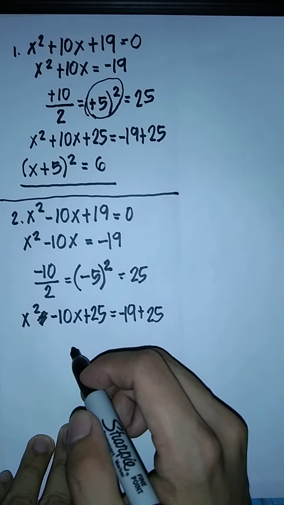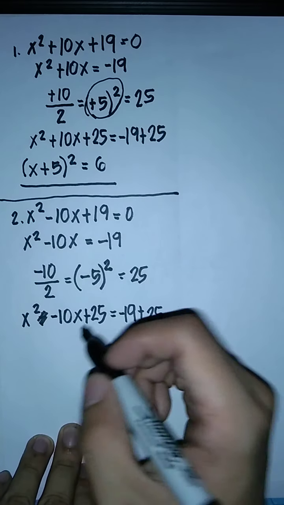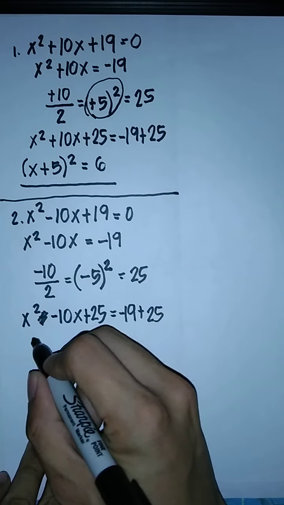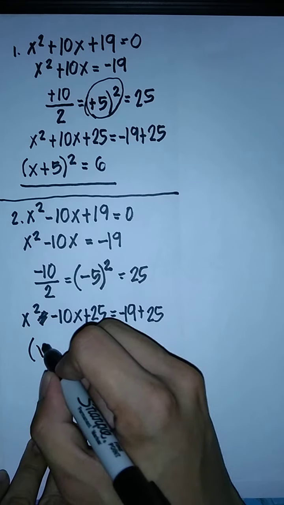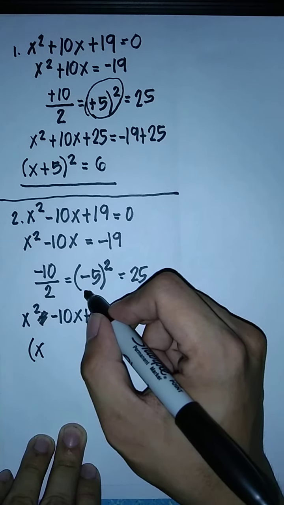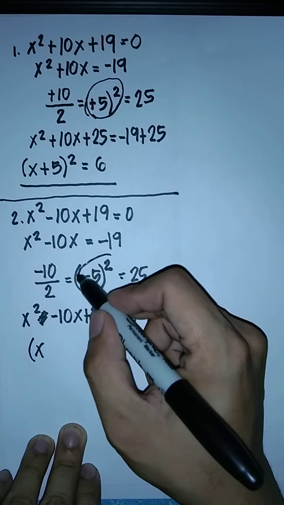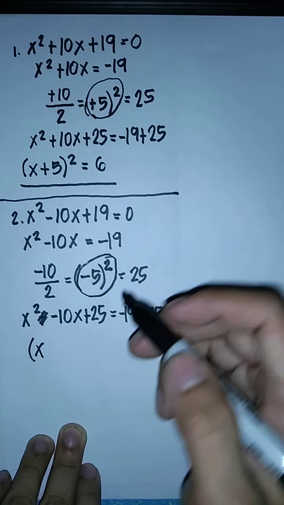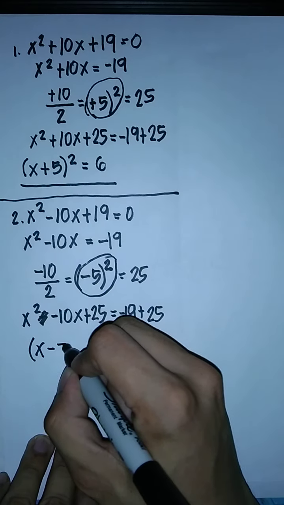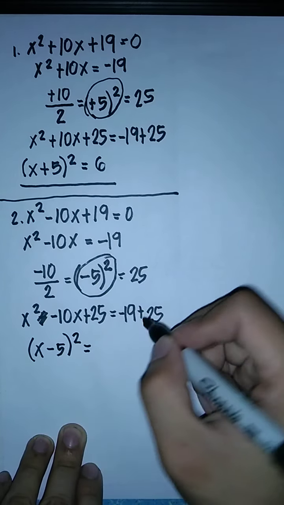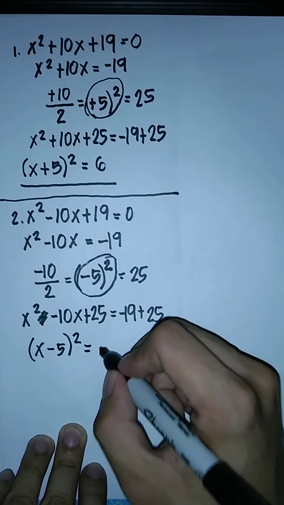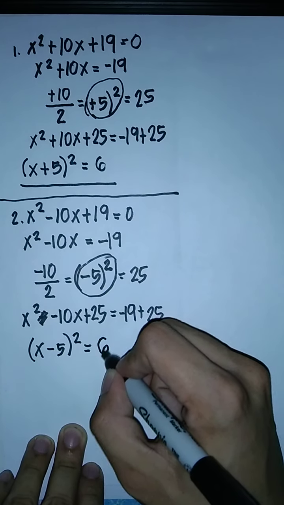So, let's have yung simplification nito. So, tulad ng sinabi ko sa inyo, just copy yung first term nito, x. And then, yung part na ito, let's copy that. So, we will have x minus 5 squared is equal to, negative 19 plus 25, we have 6.